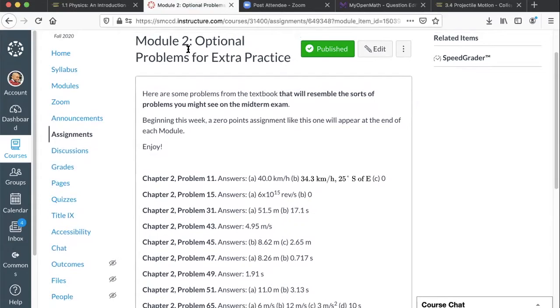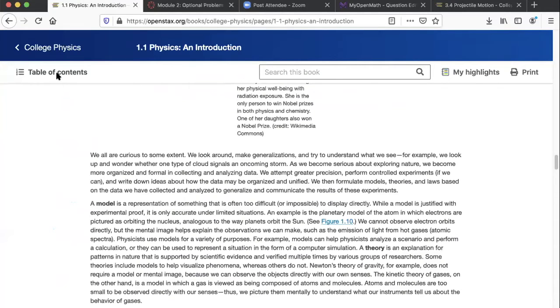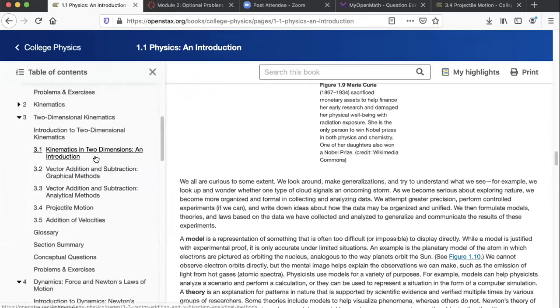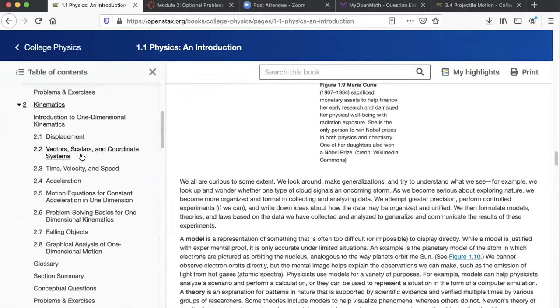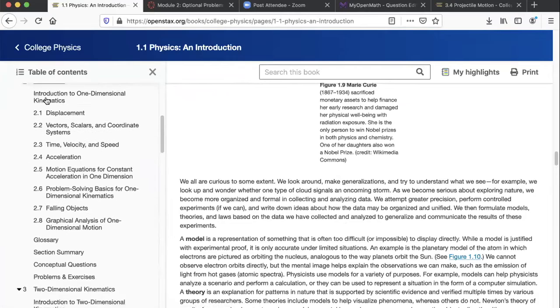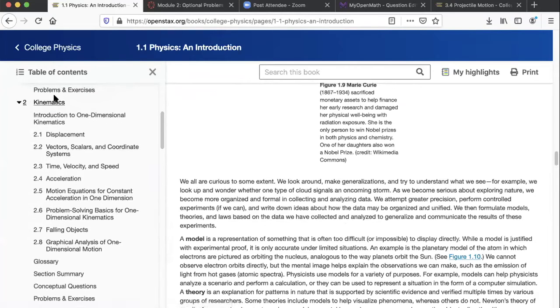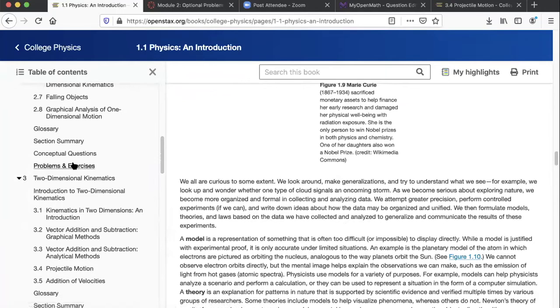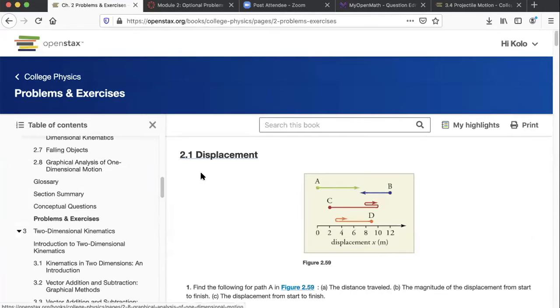Oh, sure. So if we go to the book, which is right here, and we're looking at the problems in the book. We're talking about chapter 2 at the moment. So that's kinematics right here. And then you go down to the problems and exercises.